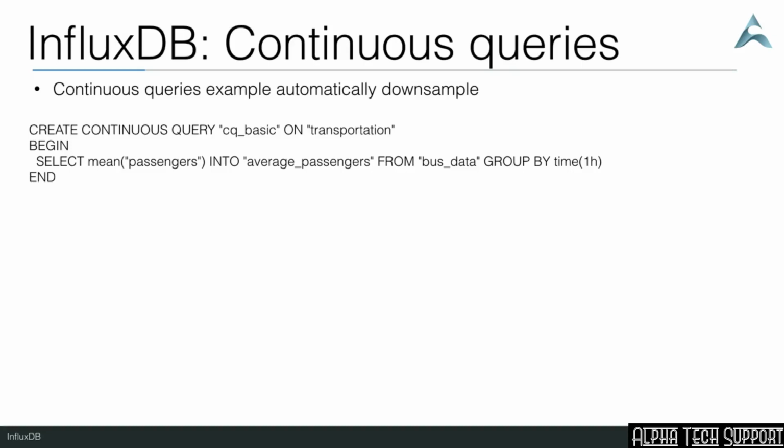CQ_basic executes at 1 hour intervals, the same interval as the group by time interval. Every hour CQ_basic runs a single query that covers the time range between now and now minus the group by time interval. That is, the time range between now and 1 hour prior to now.